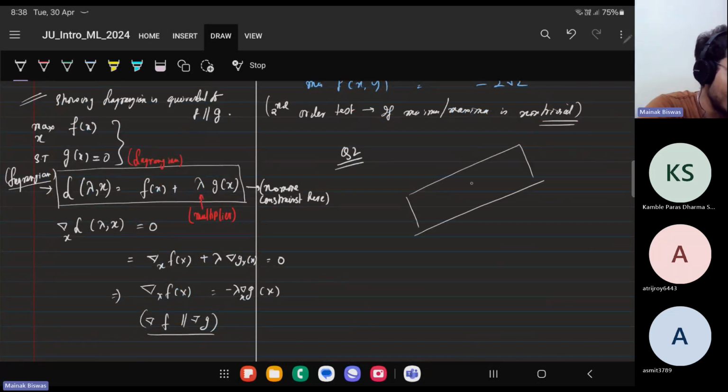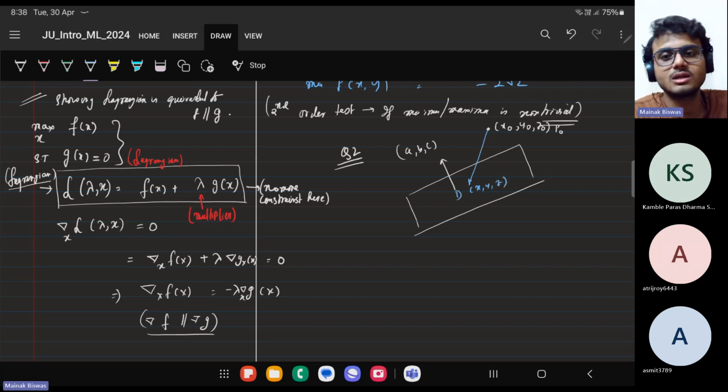So you have a plane like this, which is defined by the vector a comma b comma c, and you have a point x naught, y naught, z naught. You are told to minimize this distance. Say this is x comma y comma z. We have done this in linear algebra, but which is the minimum distance here?